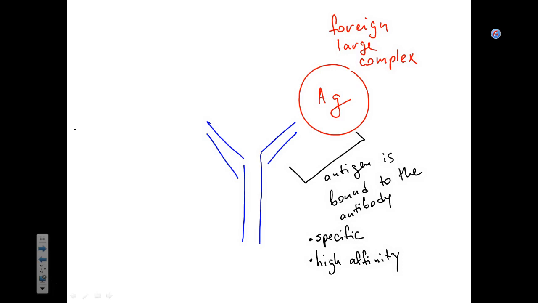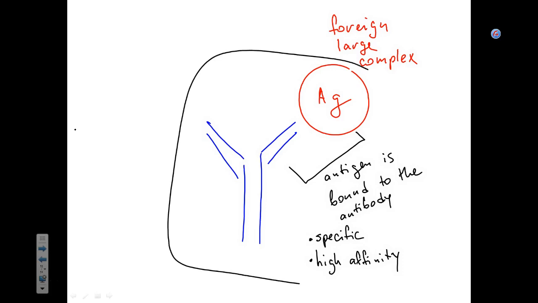Before we move on, any questions about that whole idea of antigen and antibody? We're good? Now, what does it equip us with? We can identify these complexes.